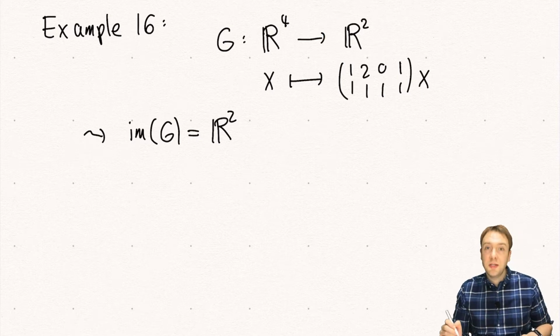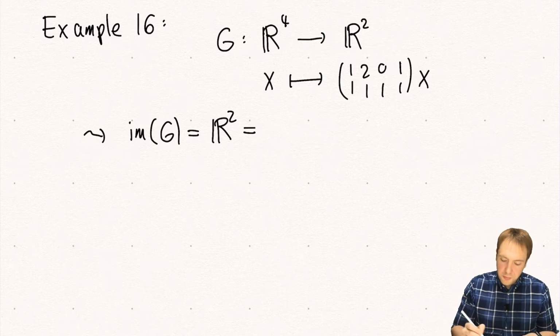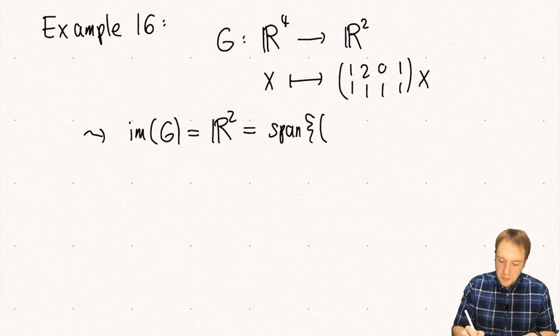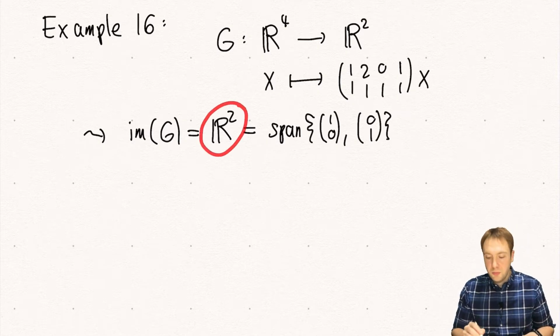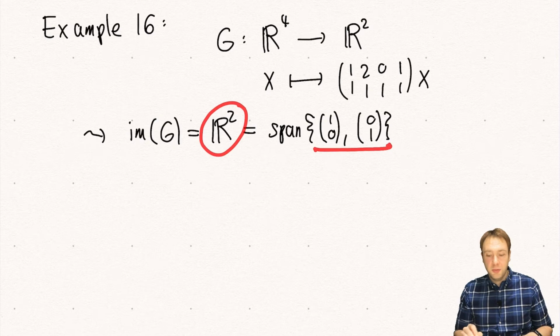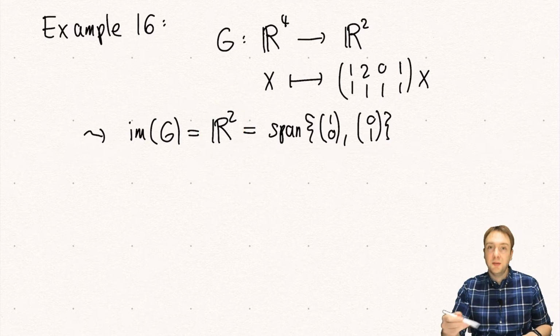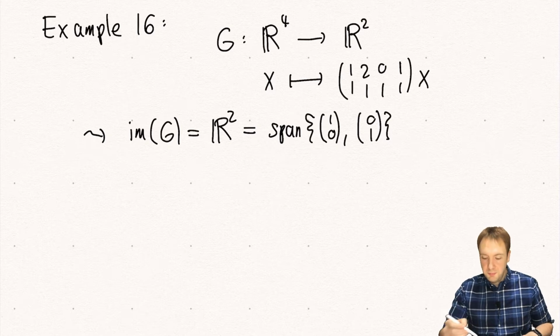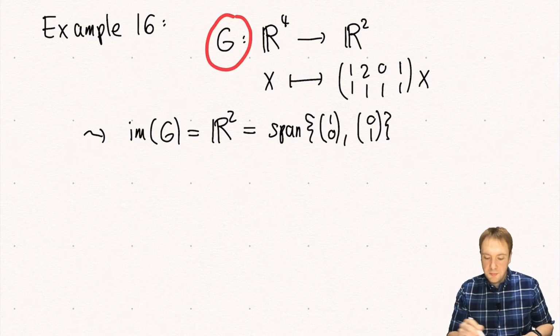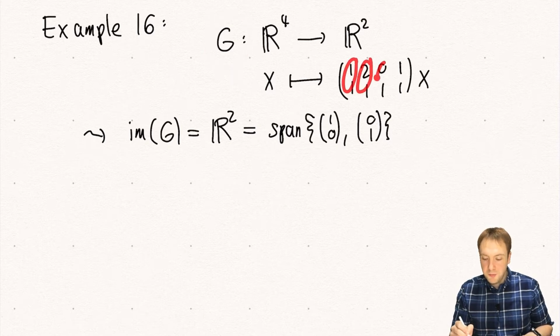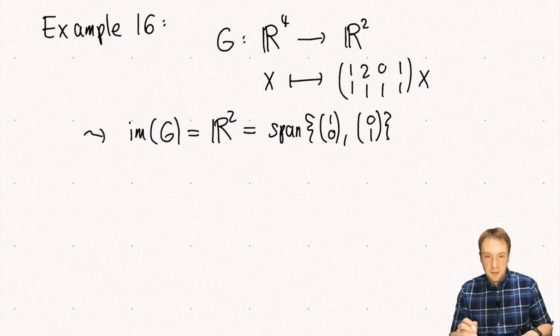With this new notation of the span, we can also write R2 as the span of the vectors (1,0) and (0,1), because any vector in R2 can be written as a linear combination of these two vectors. But also, by the fact I just mentioned, the image of G can be written as the span of the columns of this matrix.